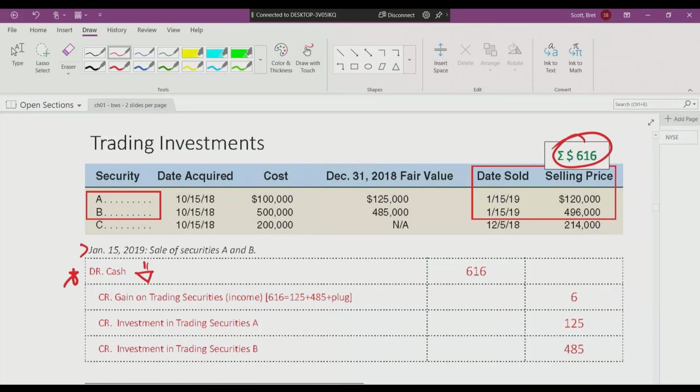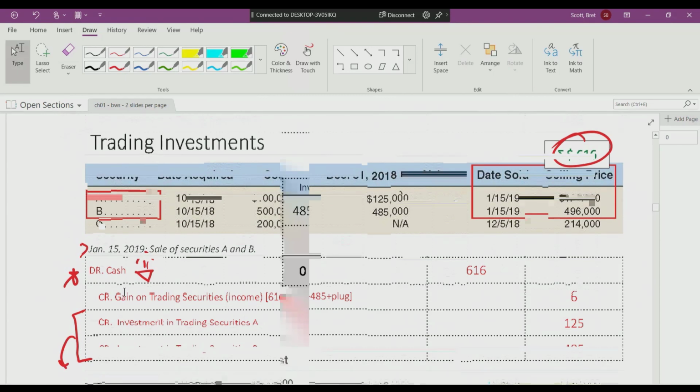I'm emptying out my investments in A and B. So the way I sort of look at this is, let me look at the ledger and see what account balances I need to empty. I know I need to get rid of whatever balances are in the ledger. Let me take a look at the ledger really quick.